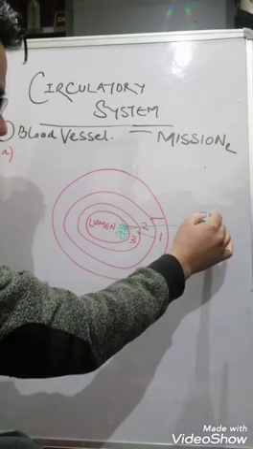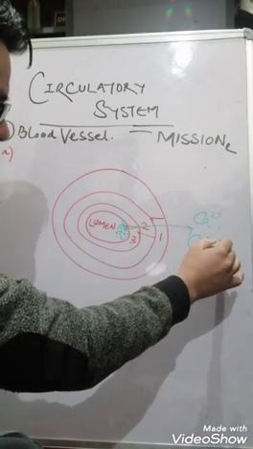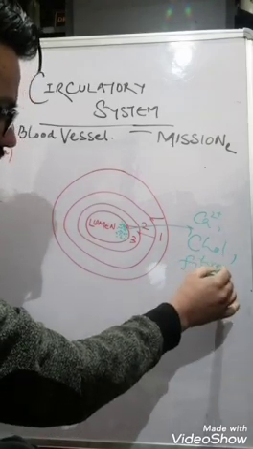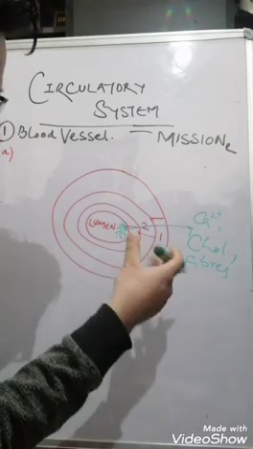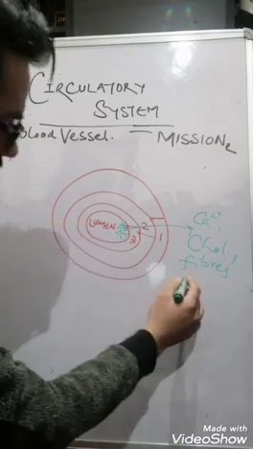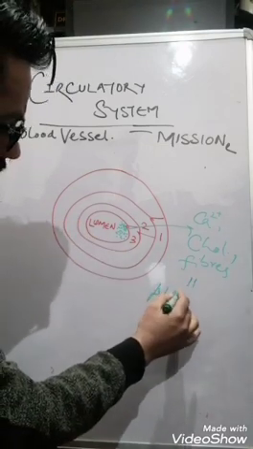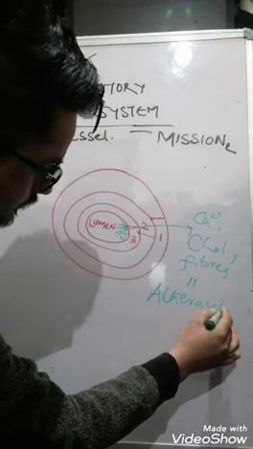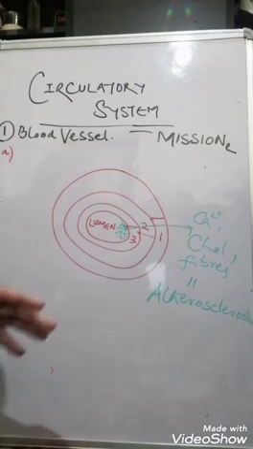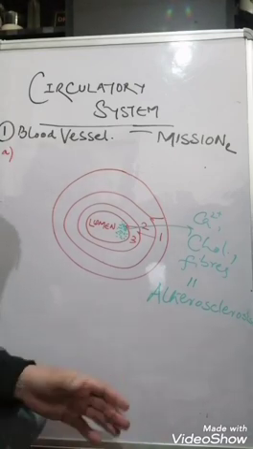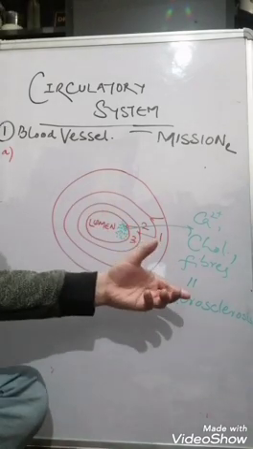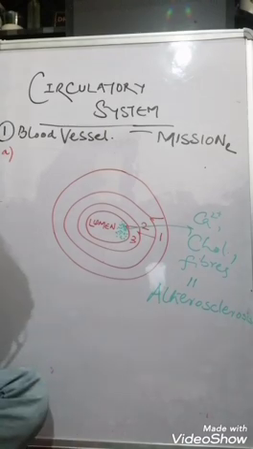We call this aggregation, this deposition of these substances in the lumen of the artery, atherosclerosis. So what is atherosclerosis? It is a condition where the lumen of the artery becomes obstructed, becomes narrower due to deposition of calcium salts, cholesterol, and many other fibers.